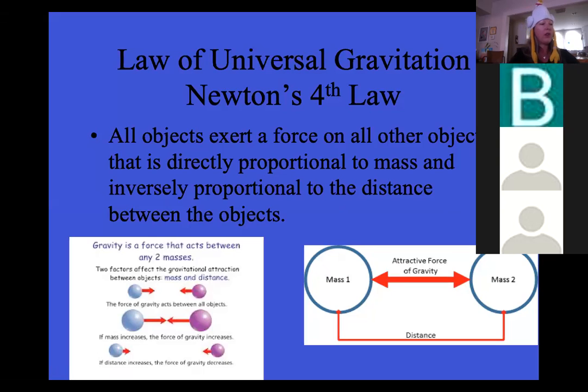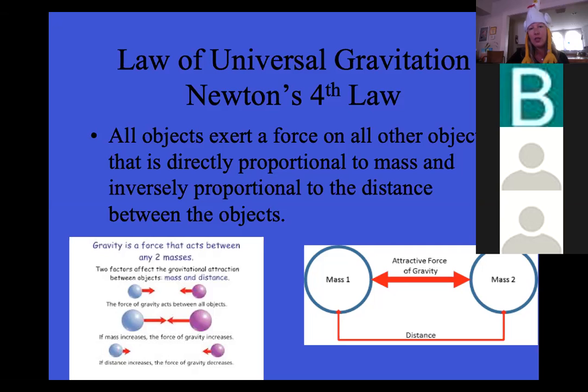I don't know if you guys realize that this law is actually one of Newton's laws of motion. This is Newton's fourth law of motion, and it's called the law of universal gravitation. So yes, gravity is everywhere, it's universal, but not all objects experience the same amount of force.